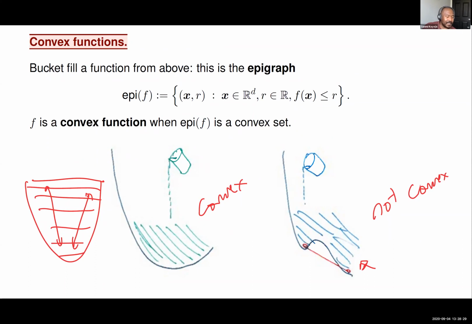So the easiest way to describe concave functions is that f is concave if minus f is convex. This is my suggested, and I think the most convenient definition, at least for purposes of this class. So think of concave functions as negative of convex functions.